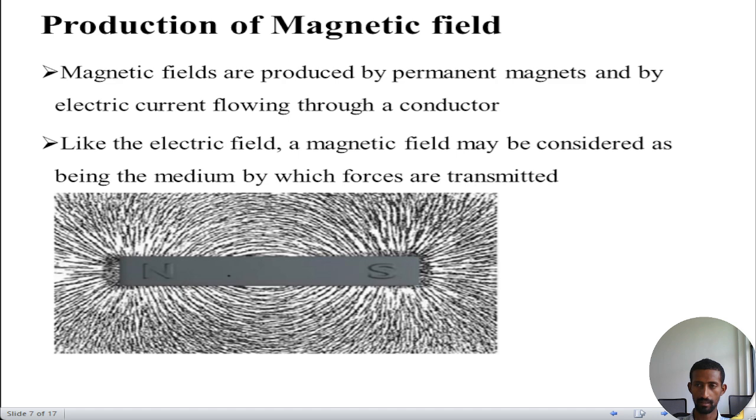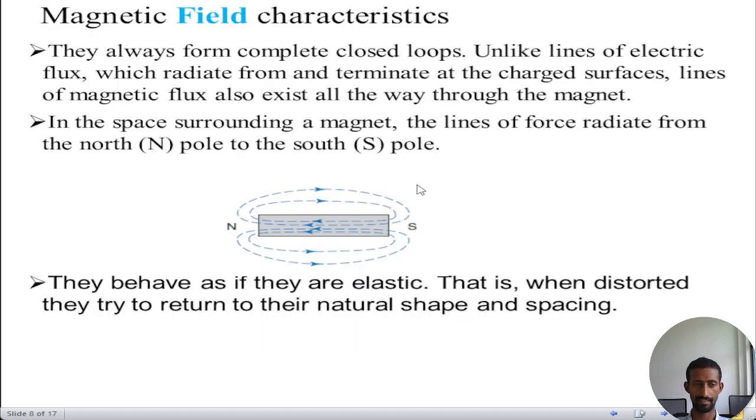The other topic related to this is magnetic field characteristics. We have seen what a magnetic field looks like, including the animation, but what characteristics does this magnetic field have? As you have already seen in the animation, the lines always form a complete closed loop.